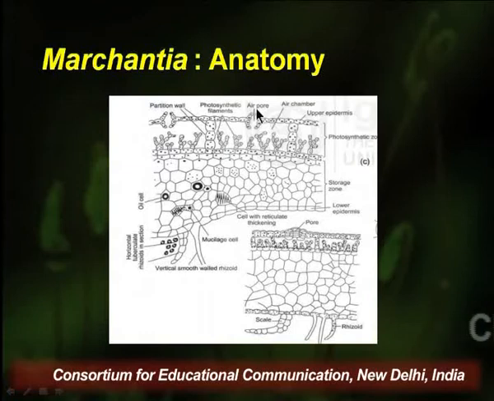They are arranged in a linear sequence, sometimes branched. The upper epidermis is interrupted by air pores, and in one photosynthetic chamber one air pore is present.